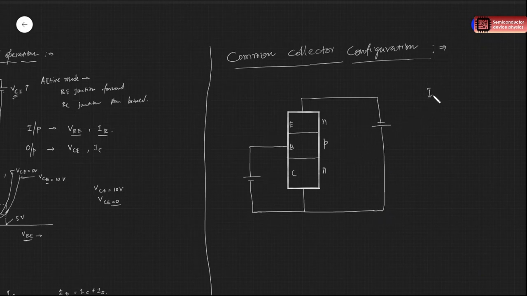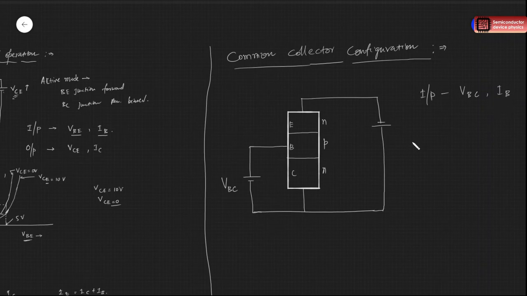So here the input parameters: we have VBC, and the current is IB.